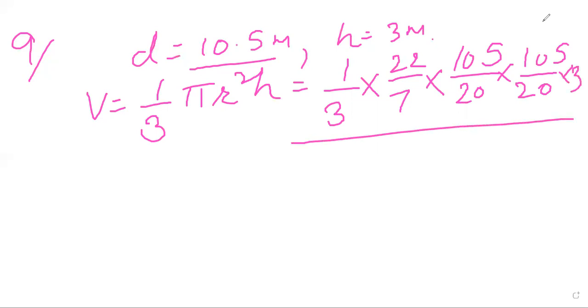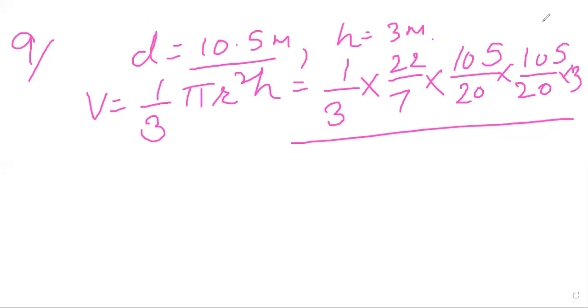After solving this, we will get the volume of the cone using the formula 1 upon 3 pi r square h. Now it should be covered by the canvas, so we need the area of the canvas. We'll find the area of the cone, specifically the CSA, because the base is not covered. We don't need to find the base area. So we will find the CSA.